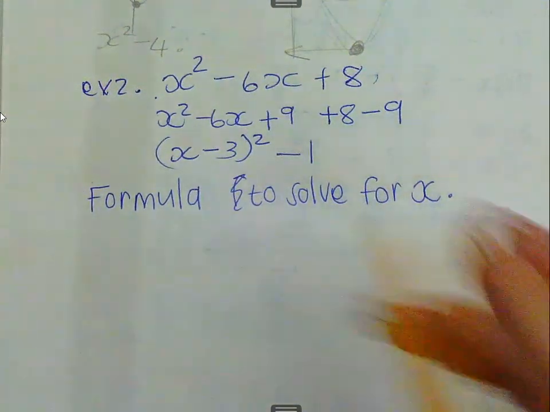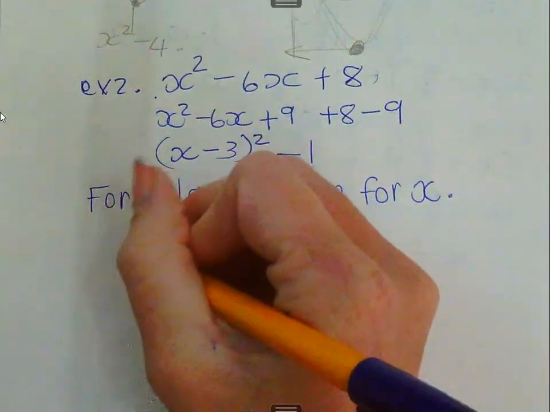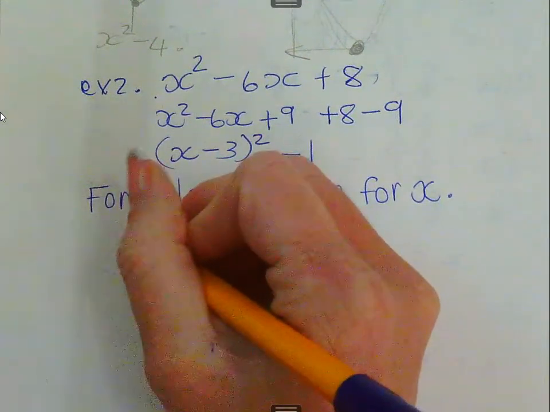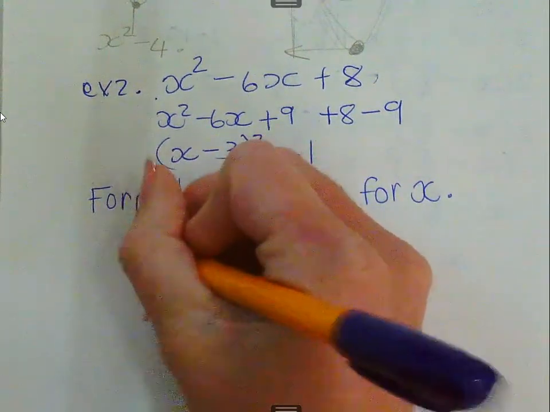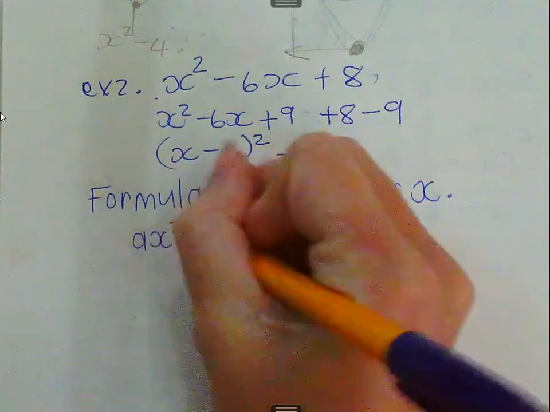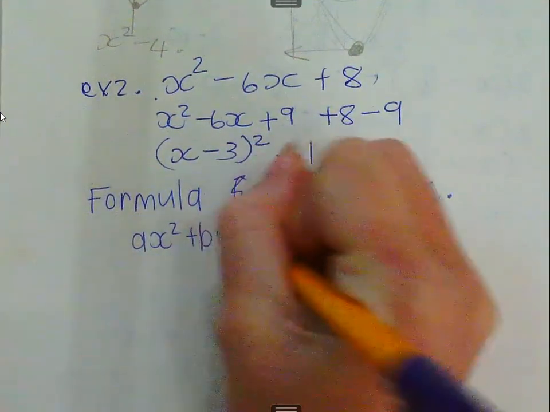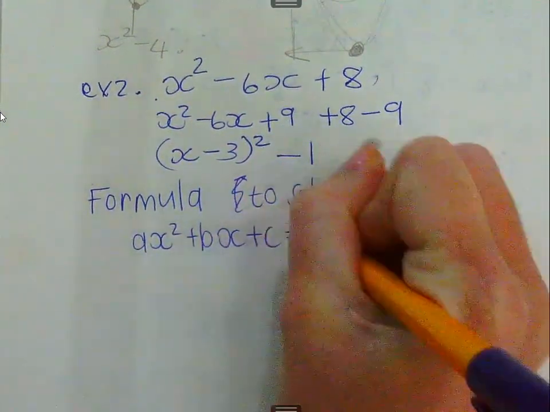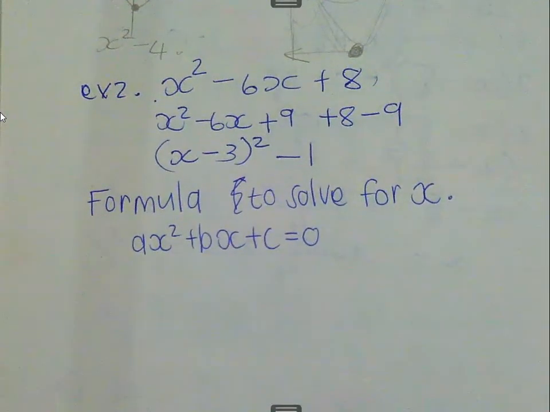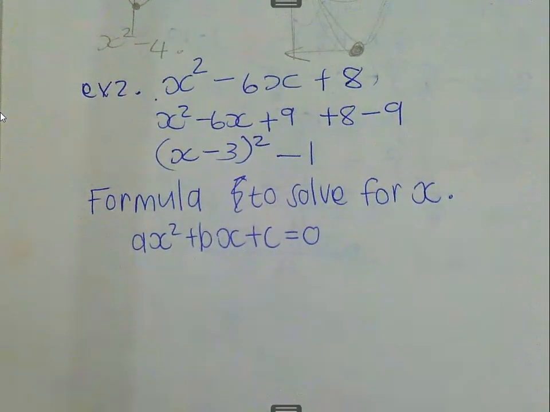Okay. So I'm going to take a standard form quadratic trinomial, in other words, ax squared plus bx plus c equal to 0. You all know what that is, right? Okay.